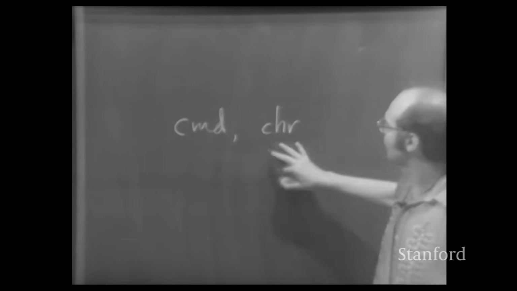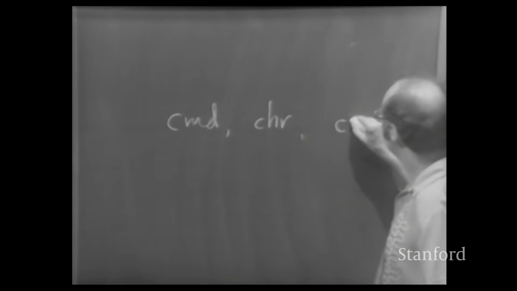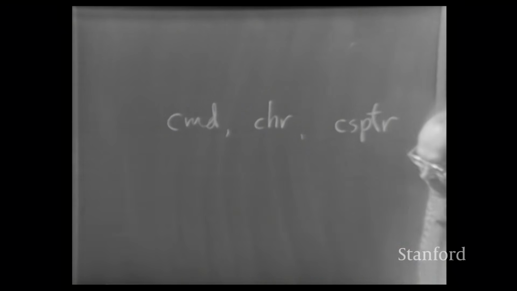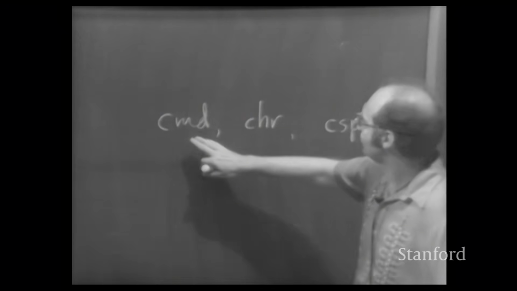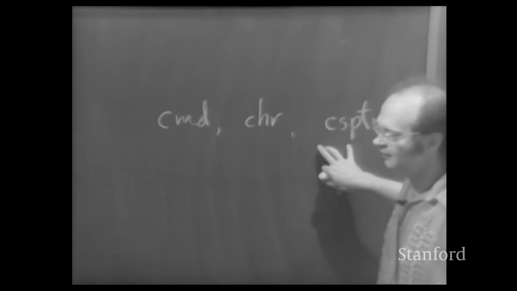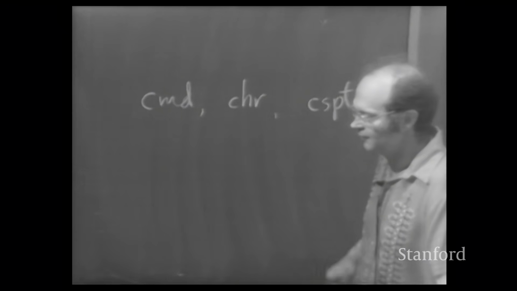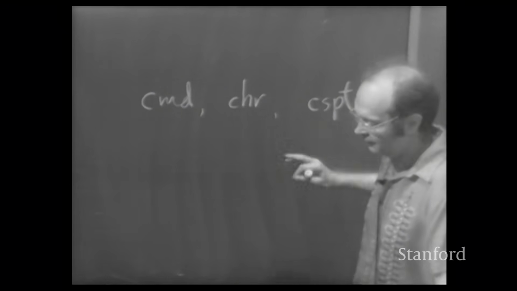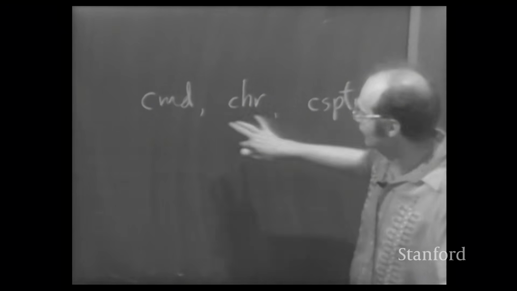So we have a command code and a character part, and then there's also cs pointer that goes with it in case the thing that you fetched from the input was a control sequence. The cs pointer will point to whatever control sequence actually had this command in chr, so that in an error message, for example, you'd like to use the control sequence that actually caused this thing.